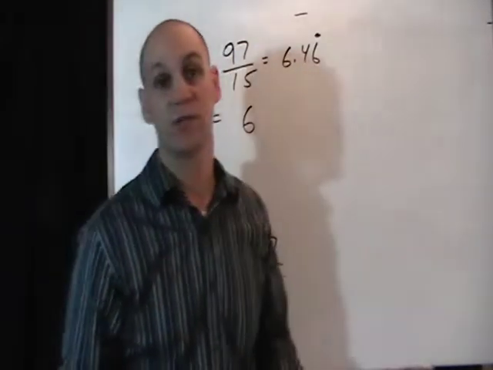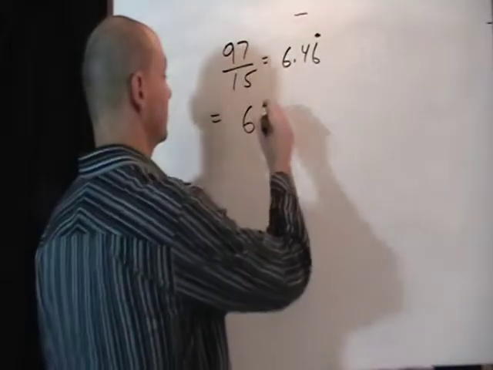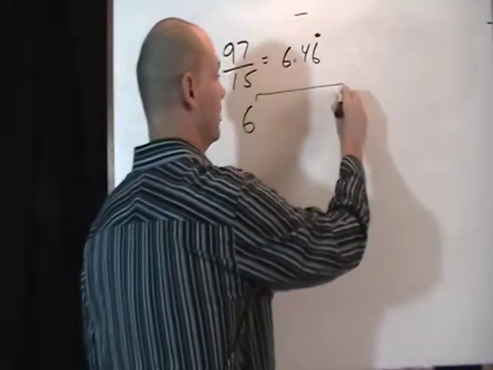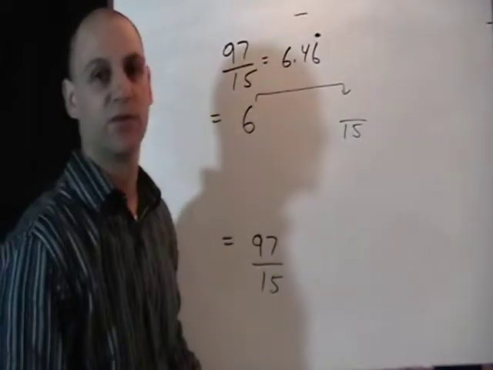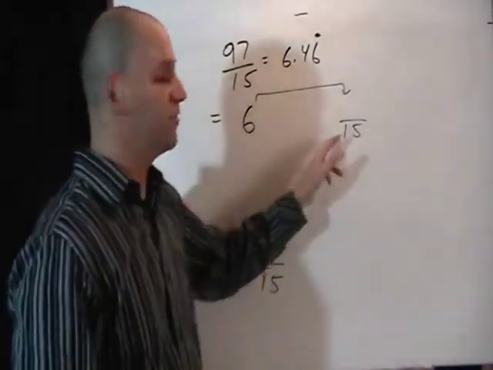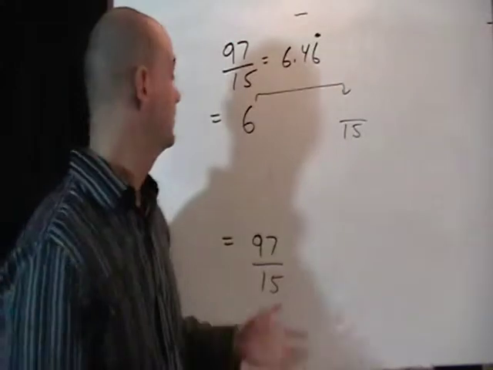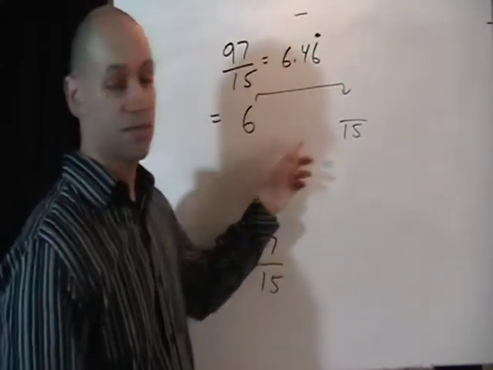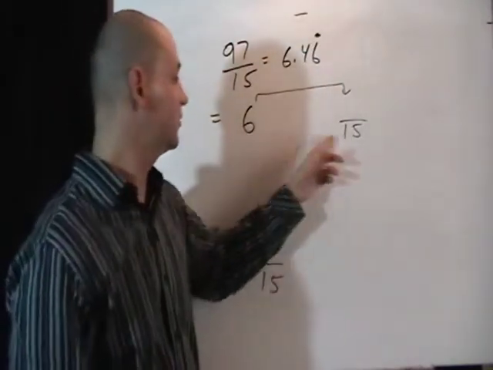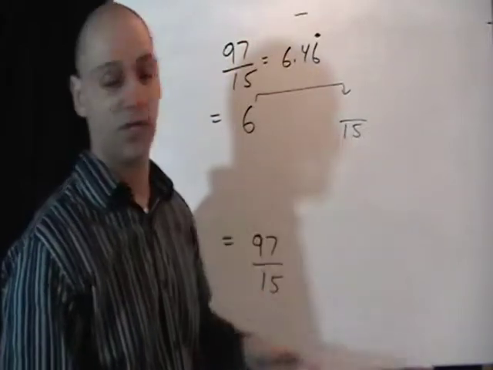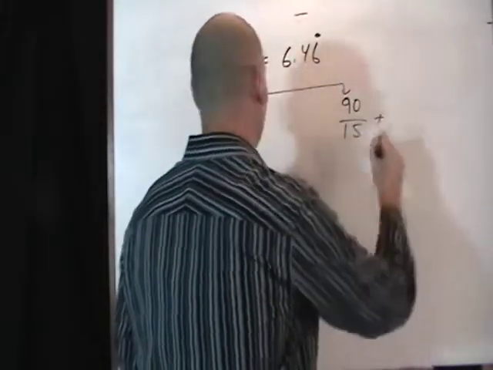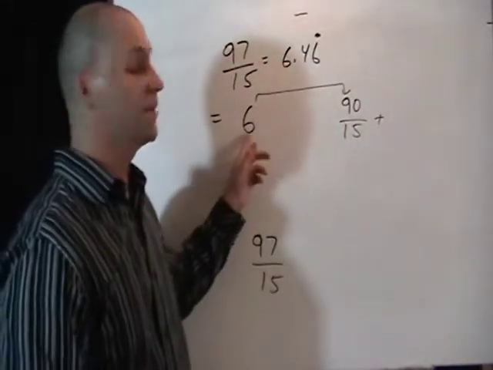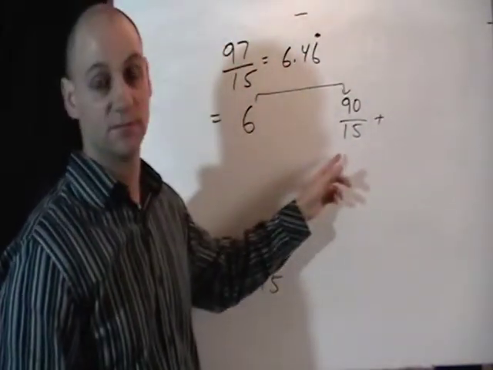Well, again, there's a number of ways you could do that, but the way I like to do it is, first of all, think about, let's convert 6 into a fraction of 15. So what number divided by 15 is equal to 6? And to get that number, you simply take 6 times 15. And so 6 times 15 is going to be 60 plus 30 is 90. And that means that 6 is equivalent to 90 over 15.